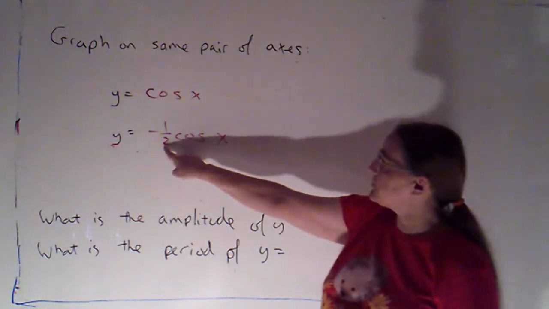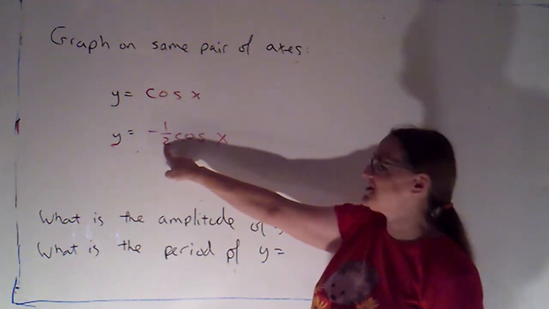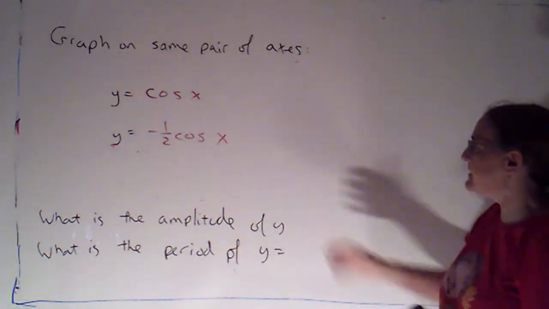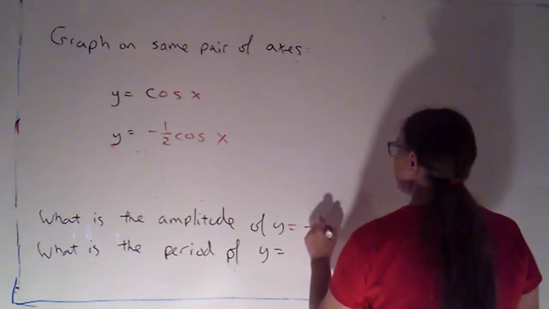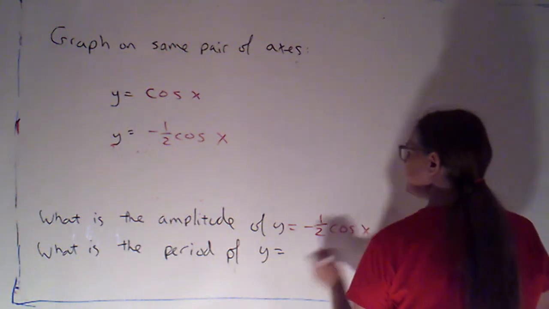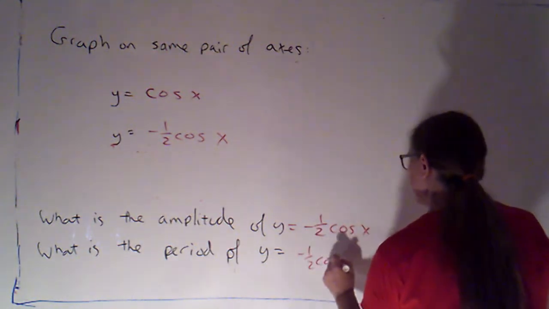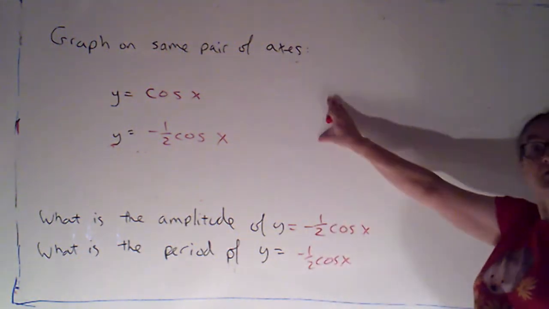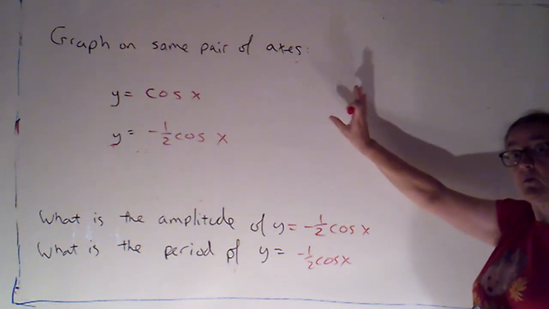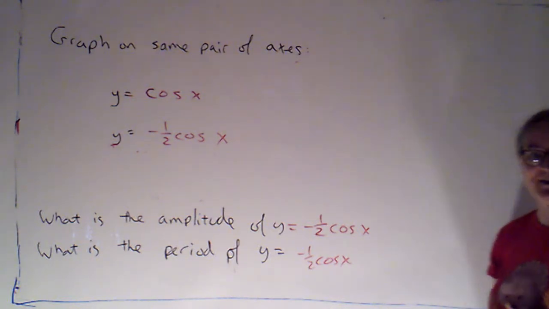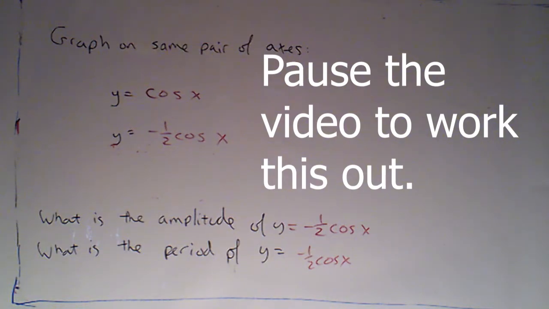Okay. So do notice we're multiplying by a negative number here. See if you remember what that means. And then tell me what the amplitude is of this transformed function, -1/2 cosine x, and what's the period. So answer those two questions for this function. Pause the video, work that out, then we'll go over it together.